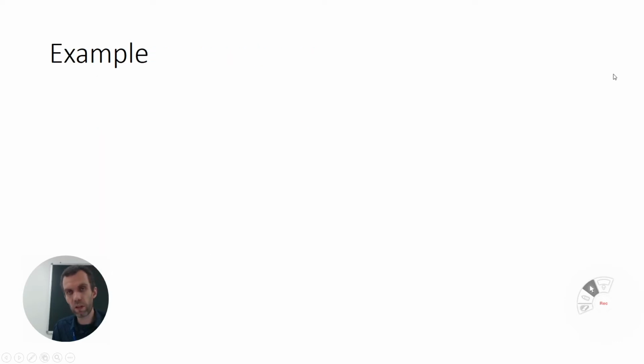So let's look at a quick example of all of these concepts in action. Let's say a ball is thrown in the air, and we assume that that happens vertically.